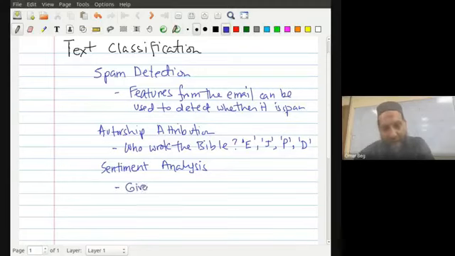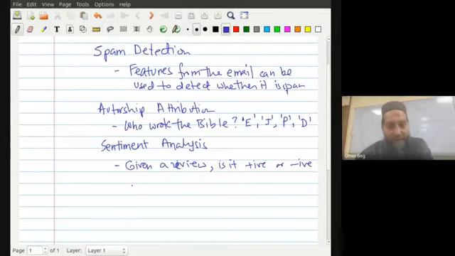Given a review or a piece of text, you're trying to figure out what kind of sentiment it contains. Is it positive or negative? For example, restaurants and online businesses are deeply interested in what kind of reviews their products are getting.